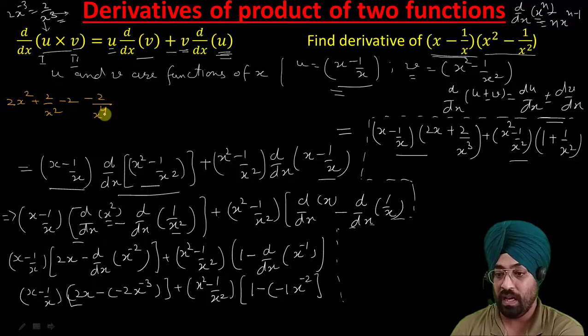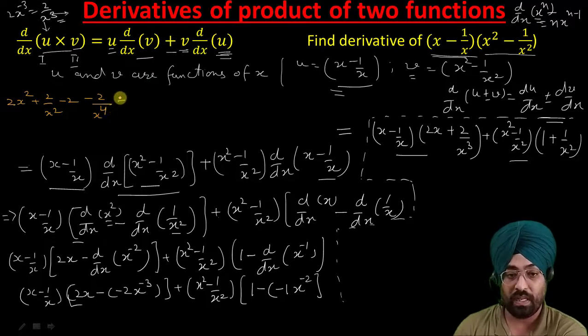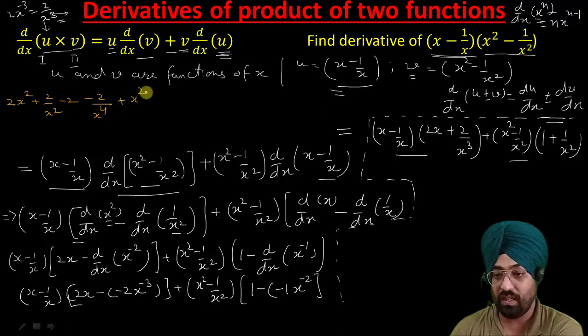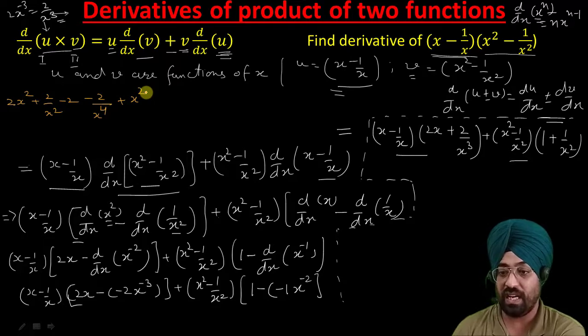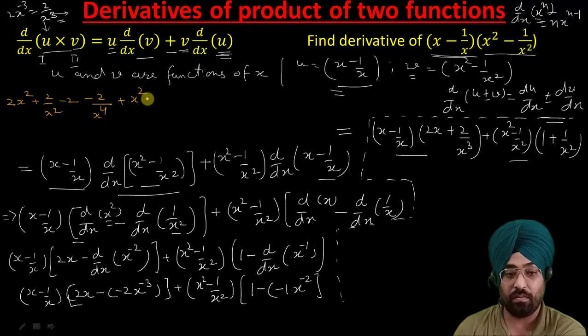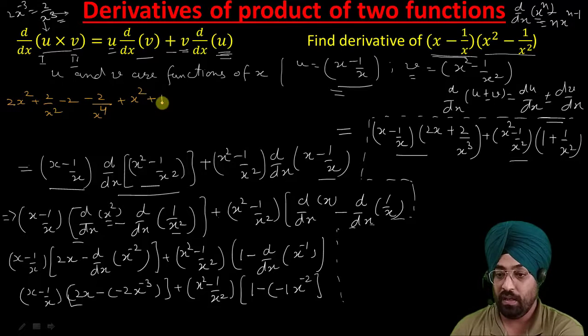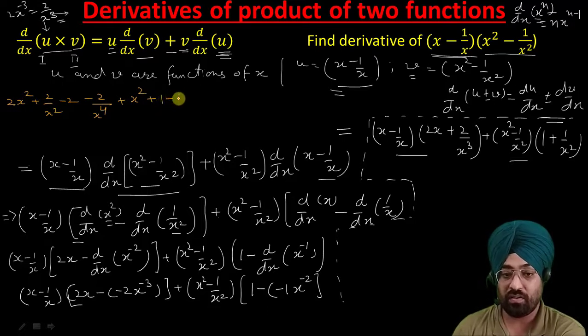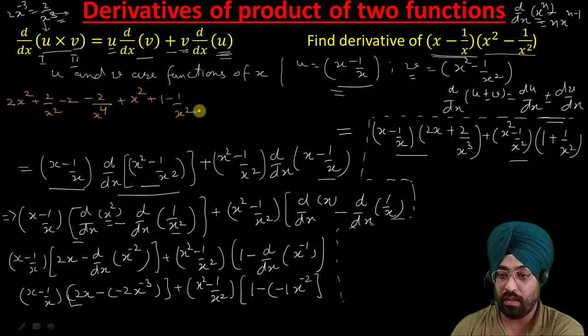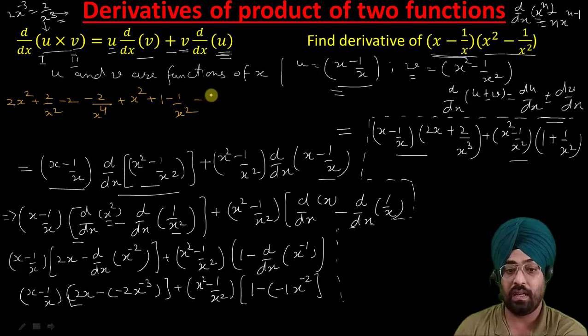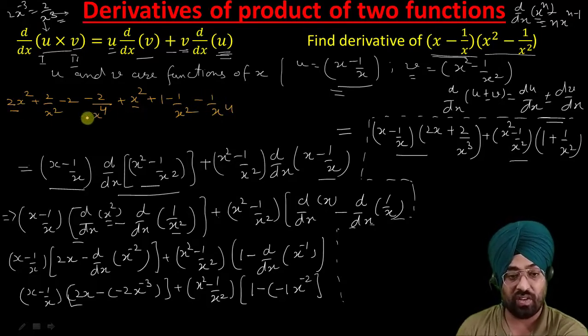Now here x square plus x square, plus 1 by x square, x square gets cancelled, plus 1 minus 1 by x square, then minus 1 by x raised to the power 4. Now 2x square plus x square becomes 3x square.